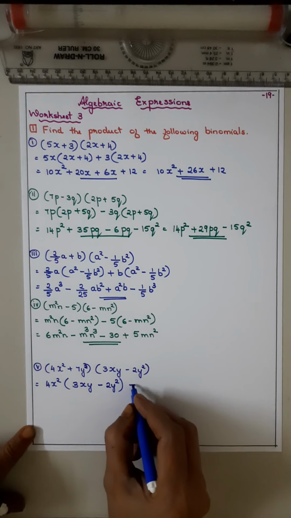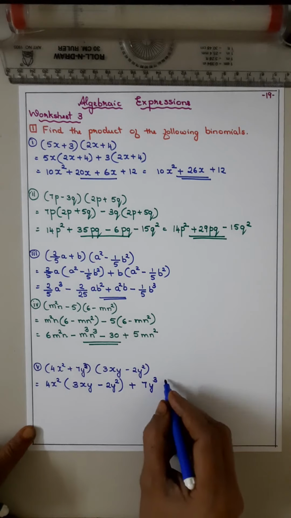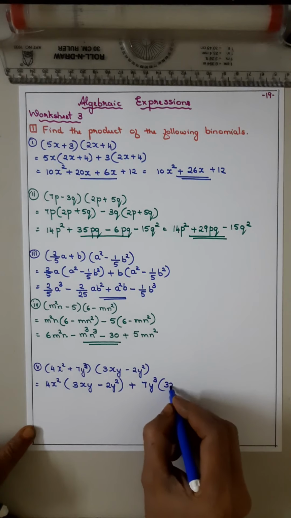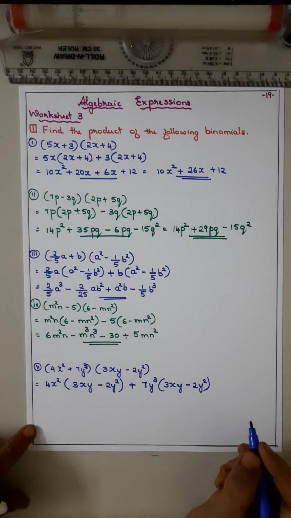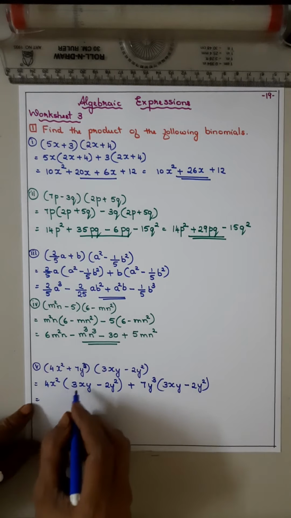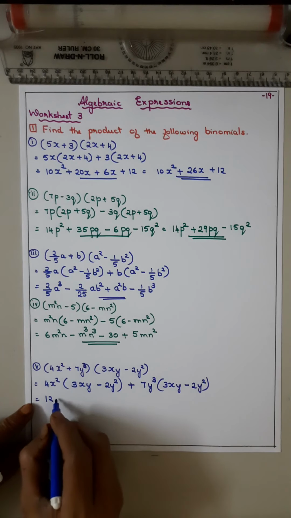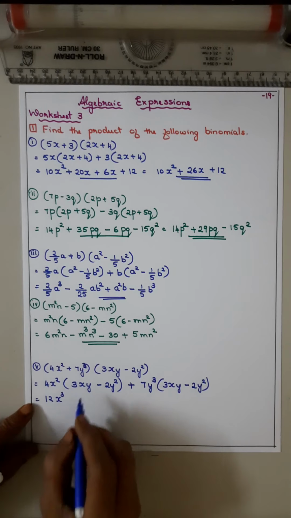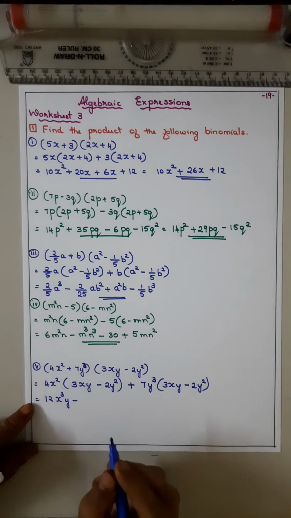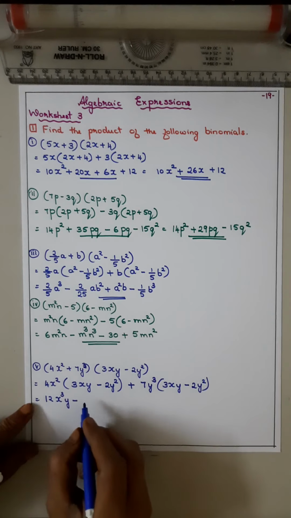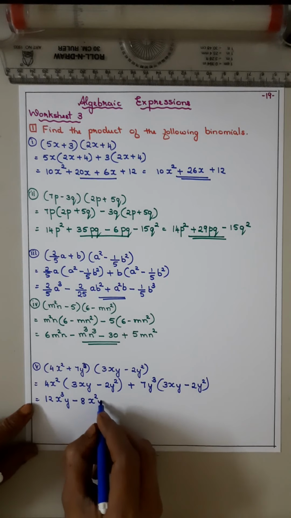Now here the second term is plus 7y cube, bracket open, 3xy minus 2y squared. Okay. Now 4 3s are 12. Now x squared times x is x cube, then y is there. Now the sign is plus minus minus, 4 2s are 8, x squared y squared.